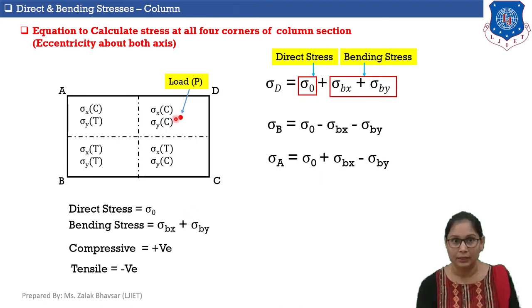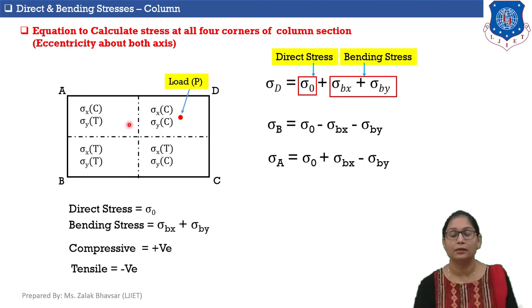And by pushing this in the second quadrant, the vertical axis, meaning the y-axis, will get stretched. So because of this eccentric load in the second quadrant, tensile bending stresses will be developed. So I am taking tensile bending stresses in the second quadrant due to this eccentric load as negative.